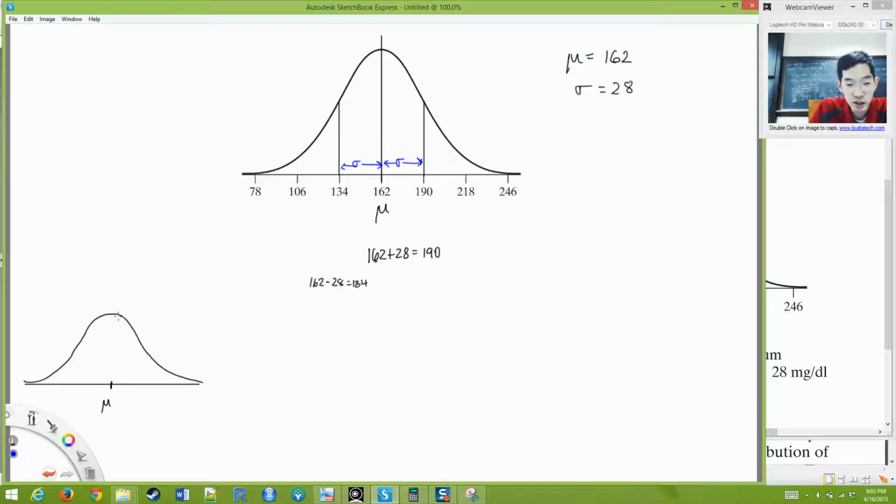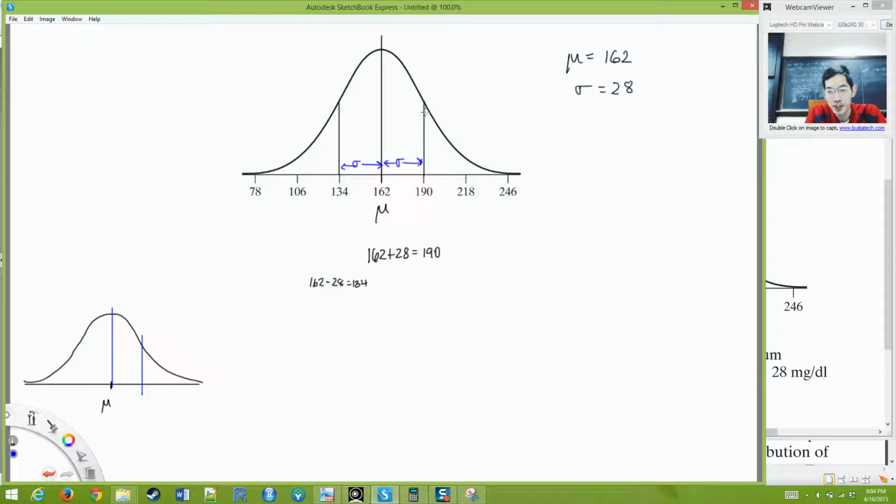And technically, the spot where you go up one standard deviation is what they call the inflection point, where it goes from convex to concave curve. I don't know if you guys are familiar with that, but where it changes a little bit in the hill, I don't know how to explain without going into calculus and the second derivative changing from positive to negative.